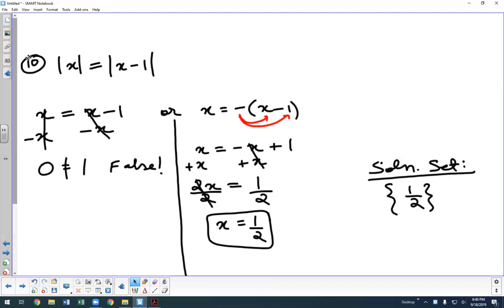Questions on 10? We're okay? Yes, Amy? So when you have absolute values on both sides of the equal sign, you only have to make one side of it negative when solving? Okay, yes. Technically, for this side here, you could have also done negative x and just kept your x minus 1 as positive.